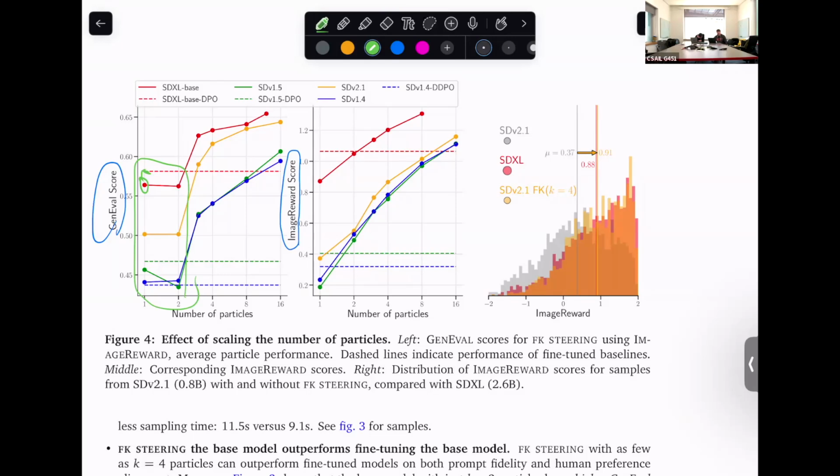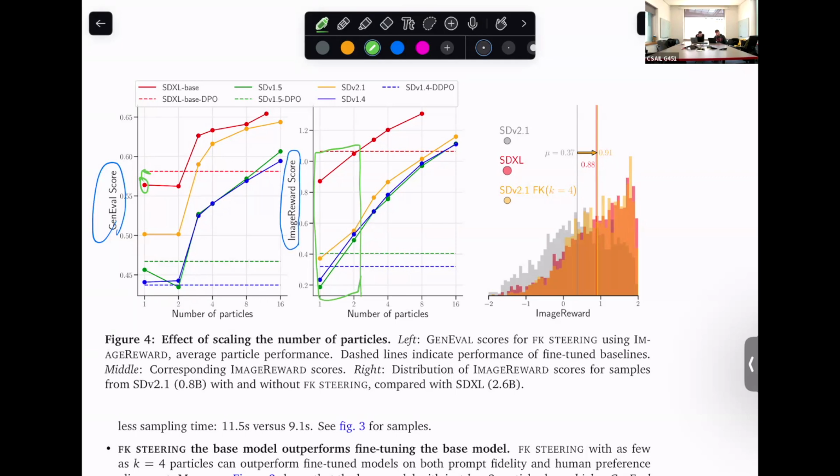Yeah, that's interesting. What's the difference in GenEval versus image reward that causes this behavior, where GenEval score doesn't improve, but image reward does? Qualitatively, what is happening in the change of the images?